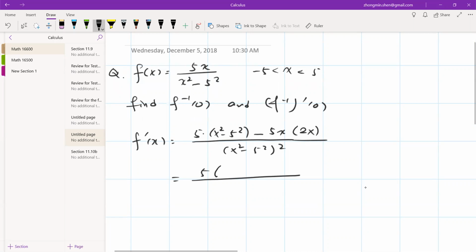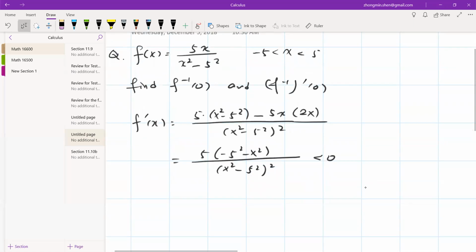Let's get negative 5x squared minus 5 squared, because I have a negative 2x squared there. So clearly this is always negative, right? The numerator is negative, the denominator is positive. So this function is decreasing, so it has an inverse.